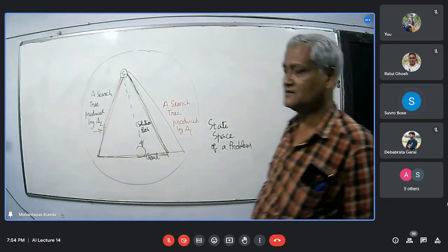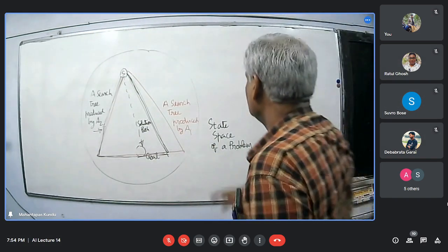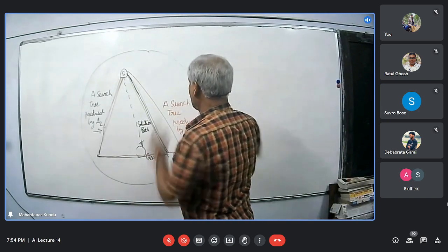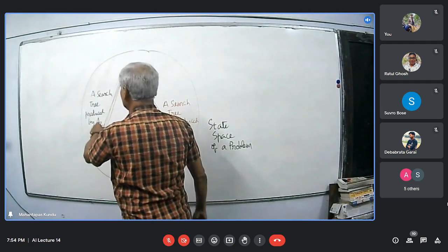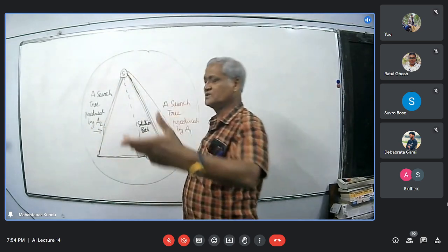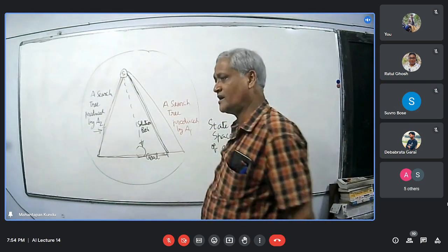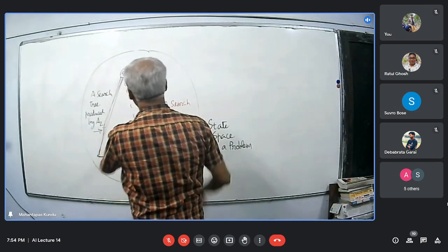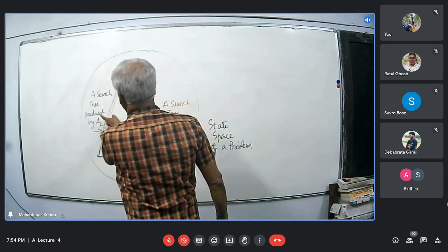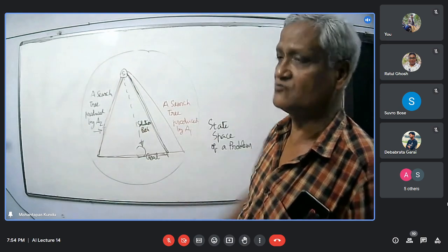That means a less informed algorithm expands at least those nodes which have been expanded by A2 for solving the same problem. It may expand more nodes, that's all right, but it has to expand at least those nodes which have been expanded by the more informed algorithm A2.